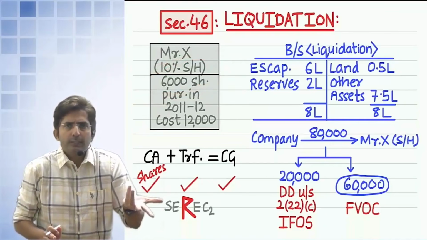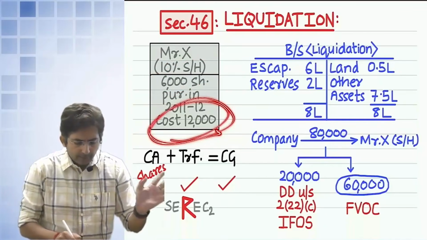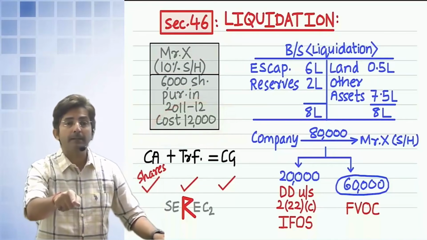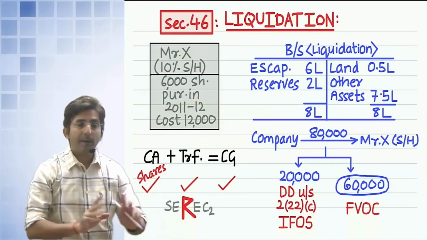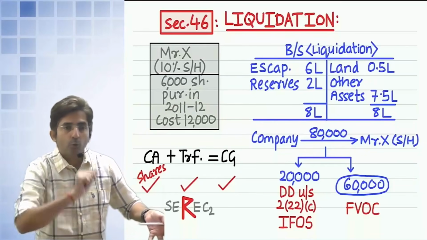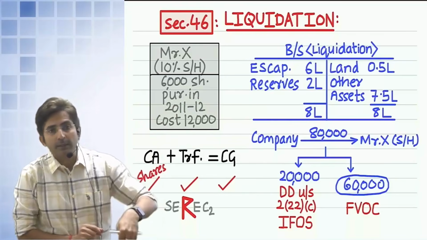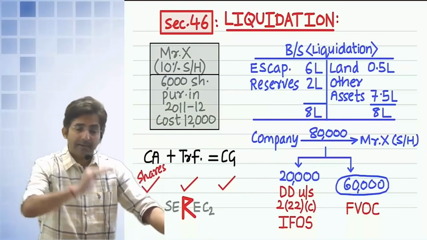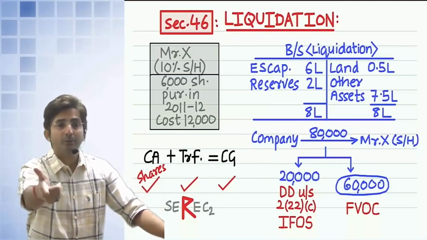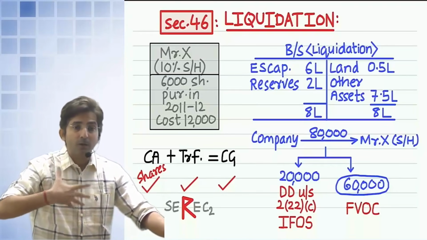So 2 into 6,000, you had incurred only 12,000. But on liquidation, the company's commitment is that they will give you the face value. No matter that in the stock exchange the prices are rupee 1, rupee 2. So when you buy from the stock exchange, you pay less. But at the time of liquidation, the company will repay based on the face value. So I am justifying how a shareholder made a gain.